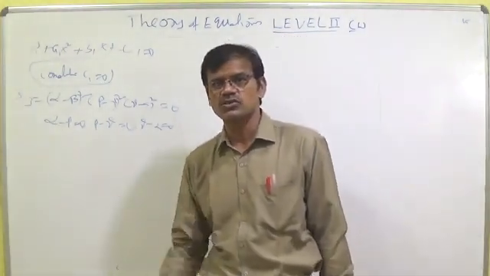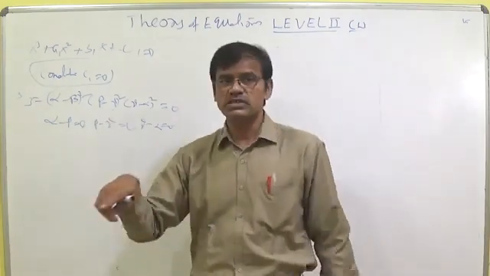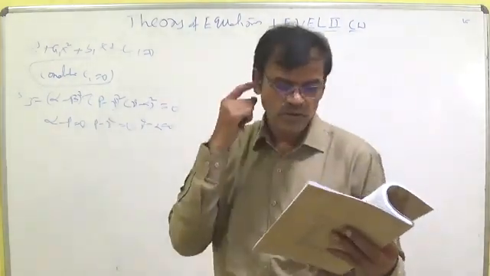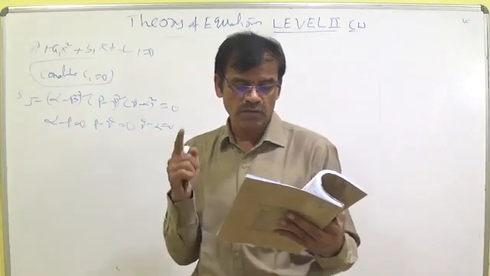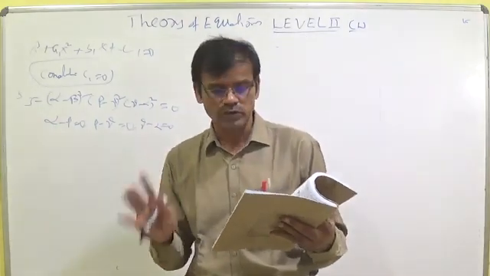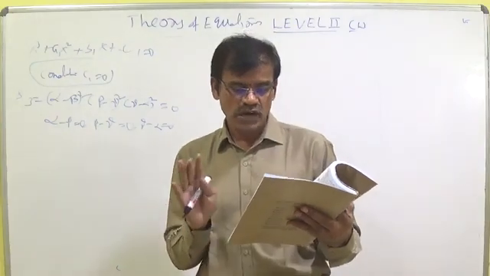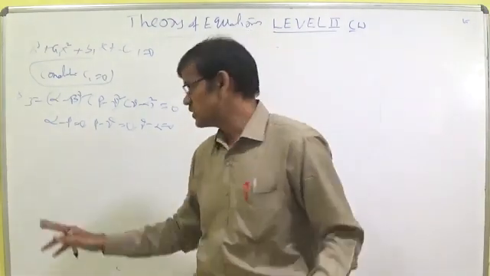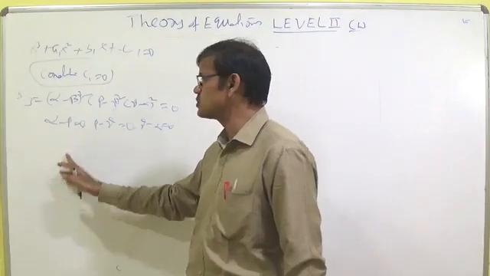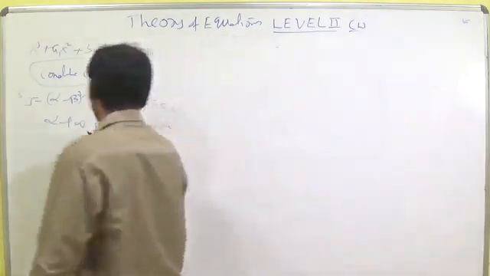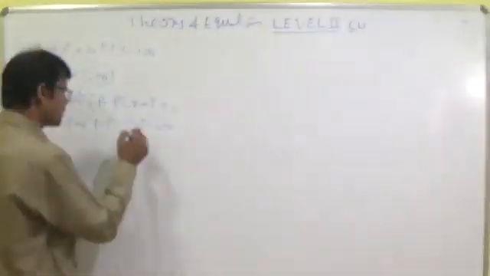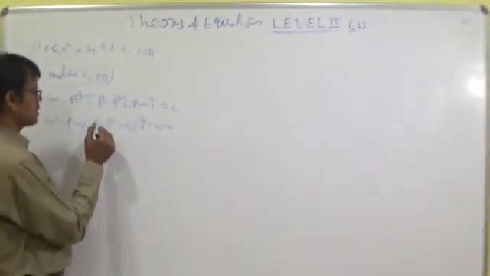Not all 3 zeros, because S1 is having alpha minus beta whole square plus beta minus gamma whole square plus gamma minus alpha whole square equal to minus a1. Some value is there. And S2 is having also some values there. It is not 0. That is why you can understand that it is a chance only. Alpha minus beta equal to 0 or beta minus gamma equal to 0 or gamma minus alpha equal to 0.